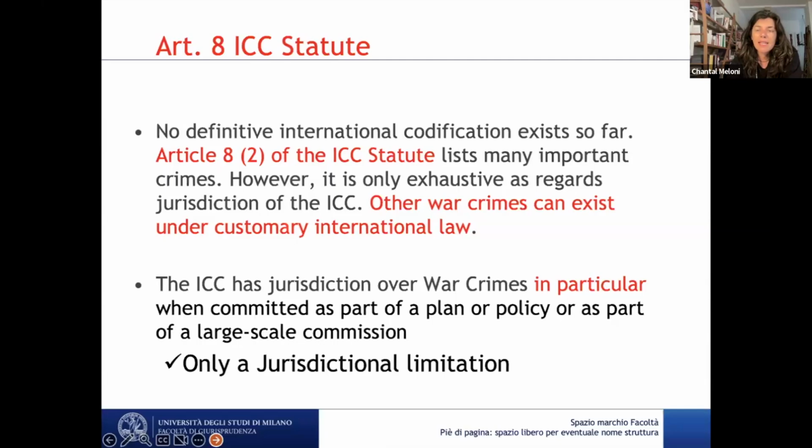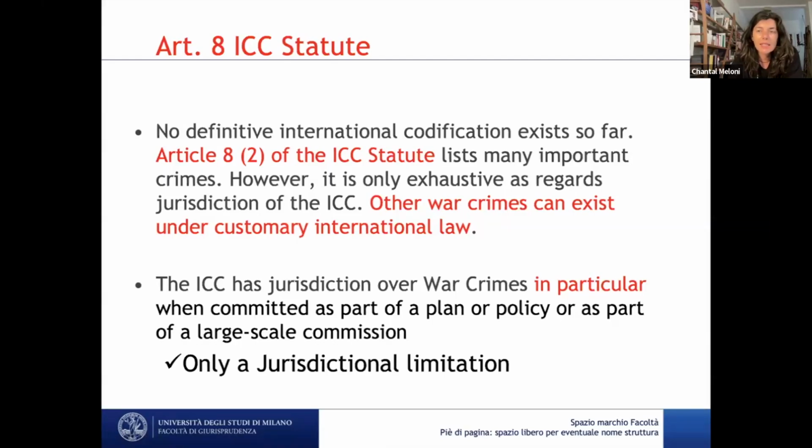This doesn't mean that other war crimes might not also exist in the development, which of course is always ongoing under international customary law. But for the purposes of the Rome Statute, which means for the jurisdiction of the International Criminal Court, Article 8 is authoritative.